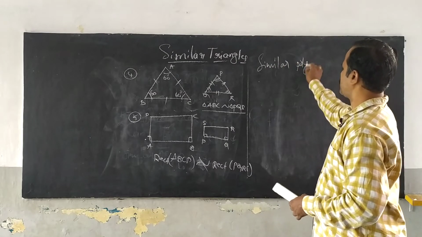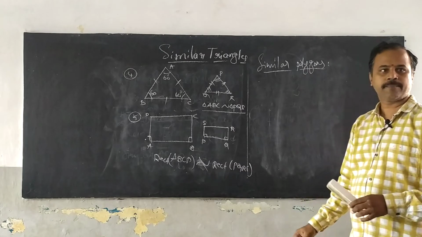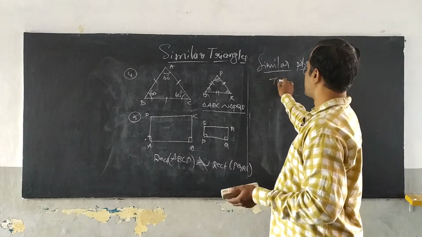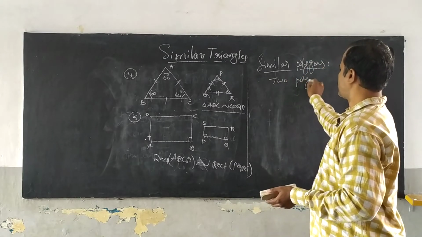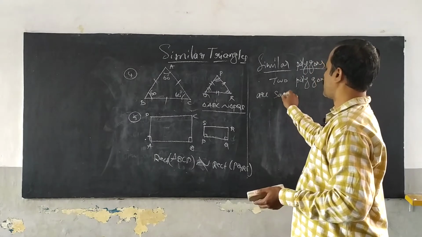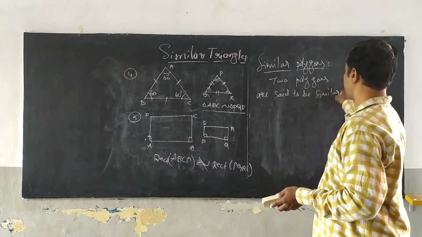Similar polygons. Okay, similar polygons. So two polygons are said to be similar.